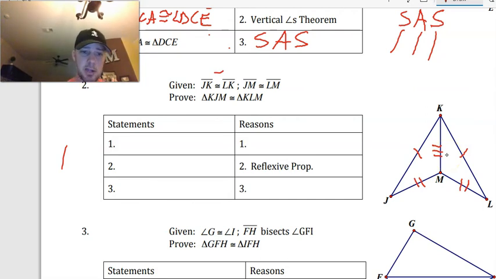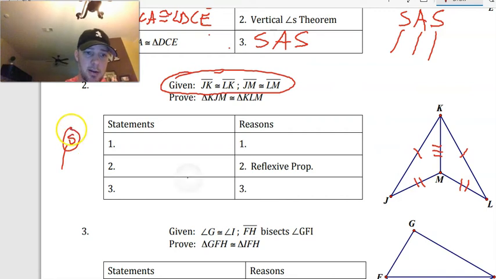So given information, you go ahead and just plug both of these in at the same time. Side right here, JK is congruent to LK. And JM is congruent to LM. That was another side.